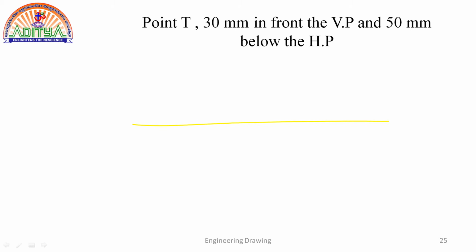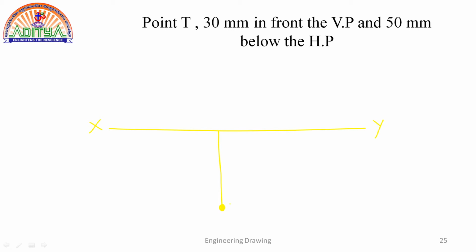So draw reference line XY. Next, first we will draw the front view with a dimension of 50 mm. As it is the front view, we denote it with small t dash, with a dimension of 50 from XY.